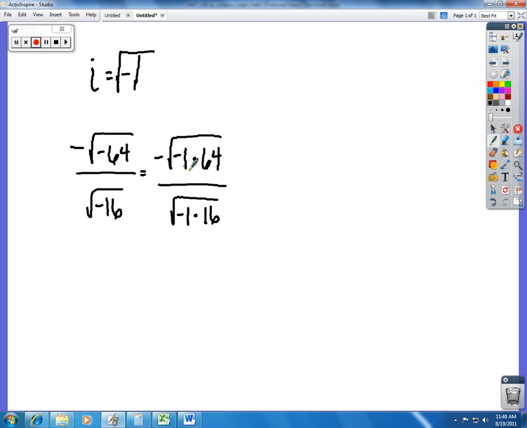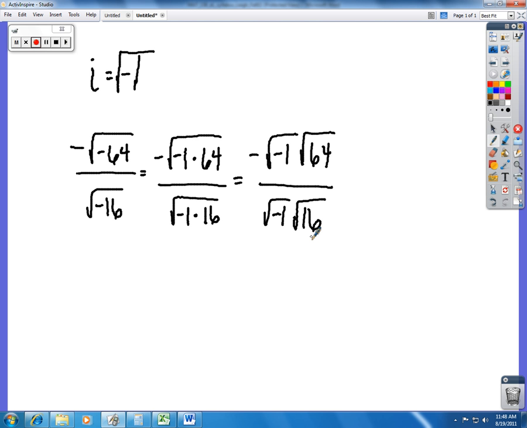And now that I have these broken up into two numbers multiplied by each other, I can split those into two separate radicals. So now I've got the square root of -1 times the square root of +64. And on the bottom, again, square root of -1 times the square root of a +16.